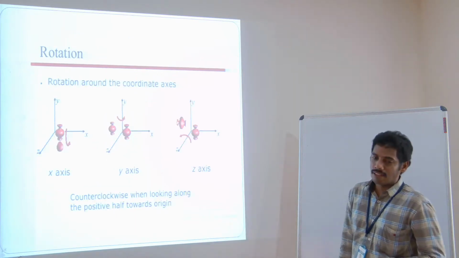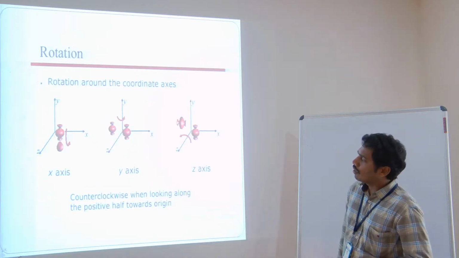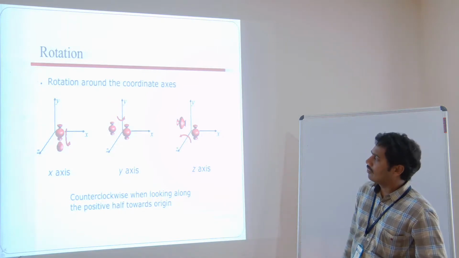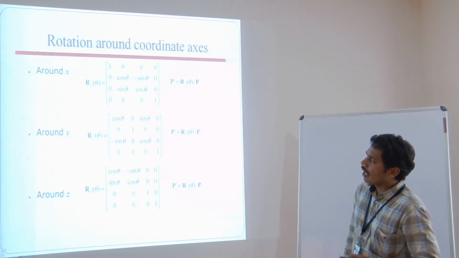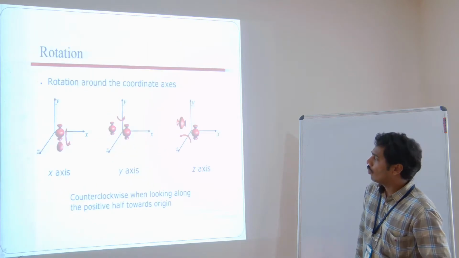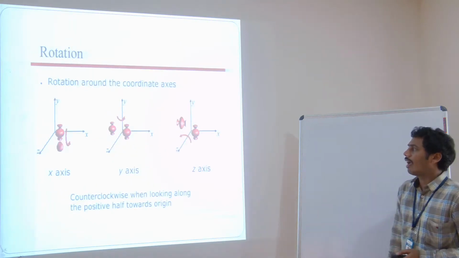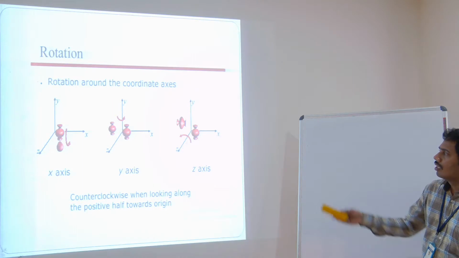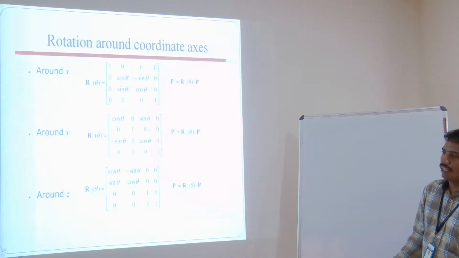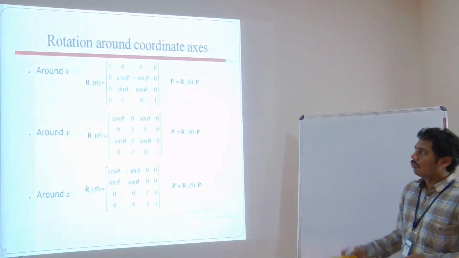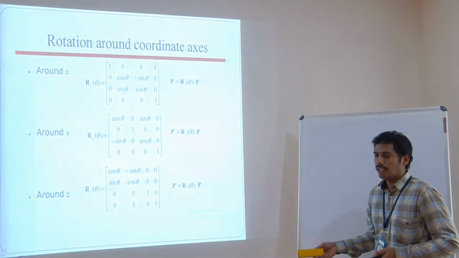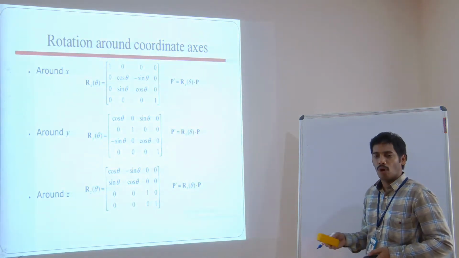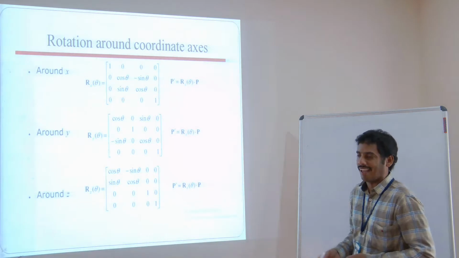If I want to rotate the object with respect to the y-axis, I am rotating around the y-axis. If I want to rotate about the z-axis, then I rotate the object with respect to the z-axis. So simply, I am trying to rotate the object about any axis here.